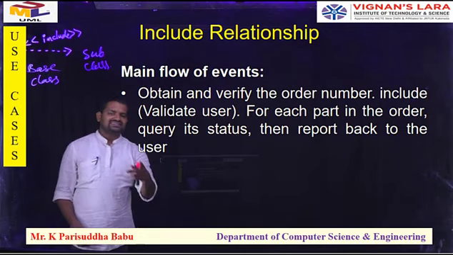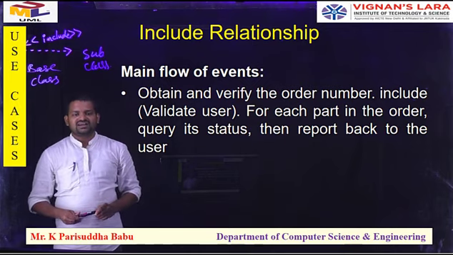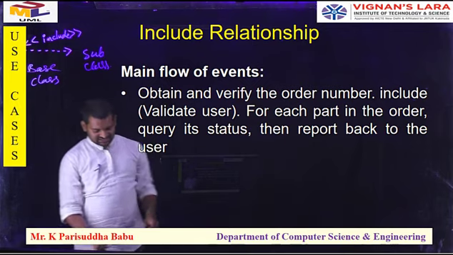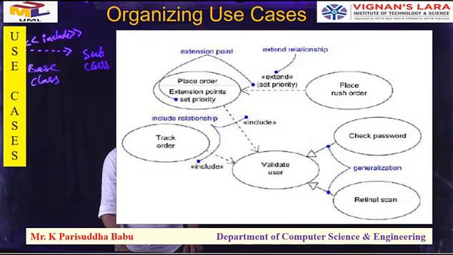So in the previous example, for each part in the order query is status. We represent this in this diagram. See this diagram. Include validate user, and next one is place order. Extension points: set priority.